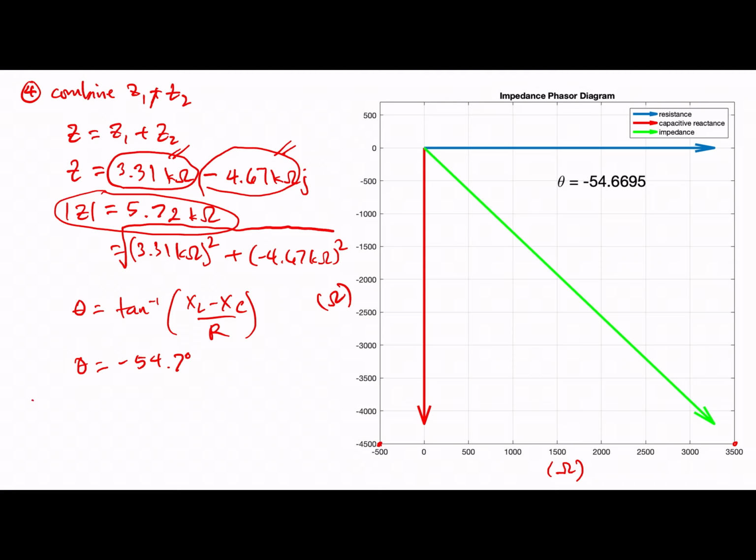Okay, there's one more thing that we need to compute, and that is the current. We can easily get the current by dividing the voltage by the absolute value of the impedance.